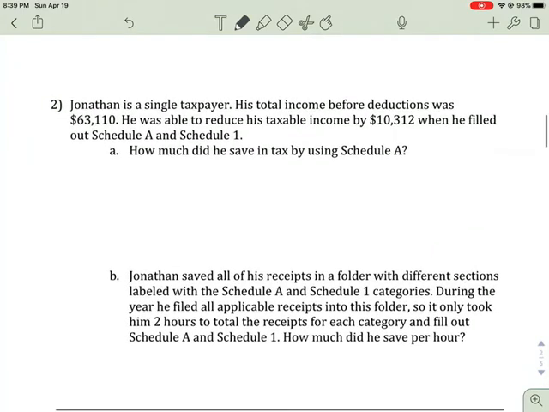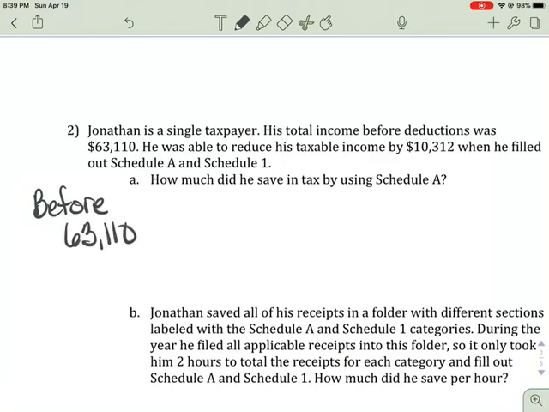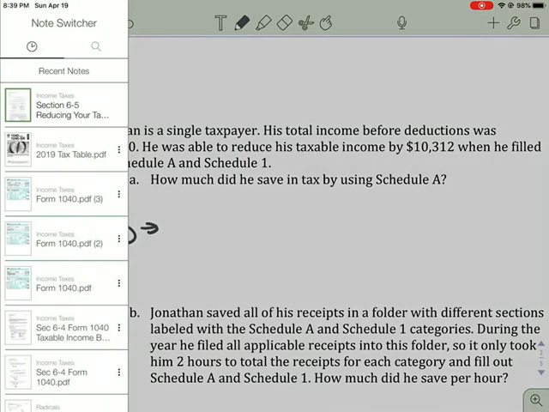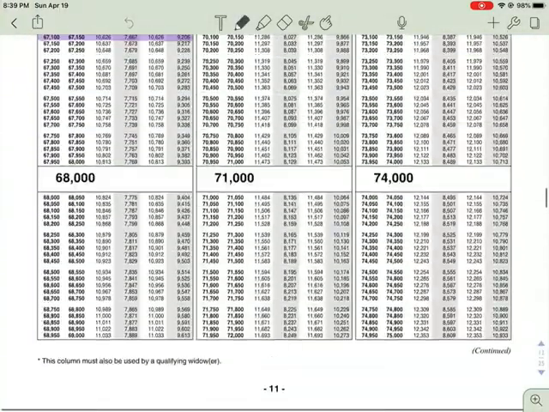All right, so I guess we have to figure out how much his tax would have been before, and then how much his tax would have been after. Okay, so let's look up before on the tax table, 63,110, and find his taxes.